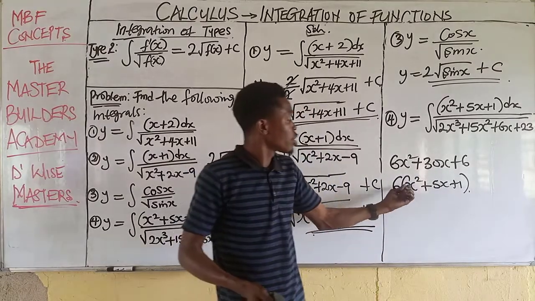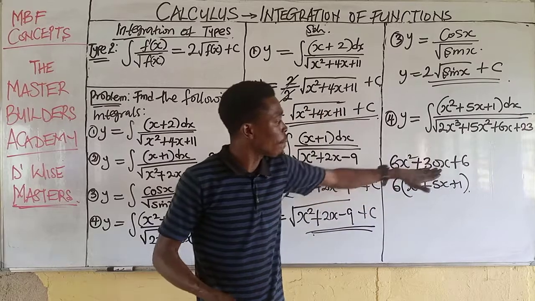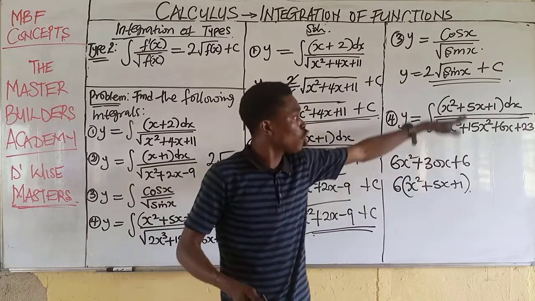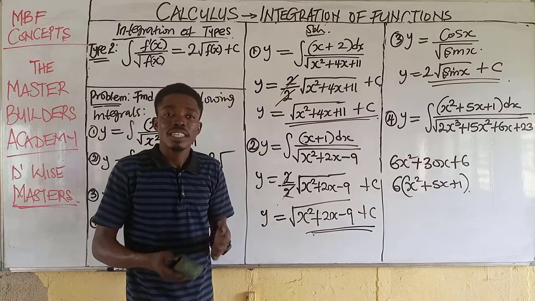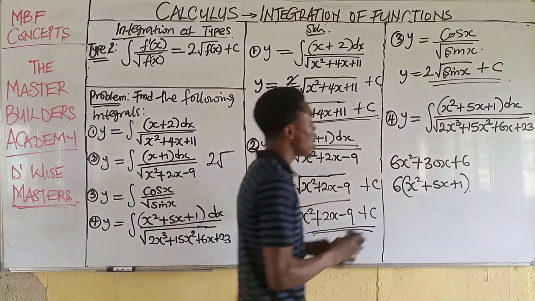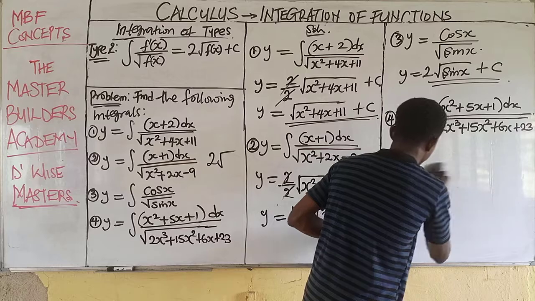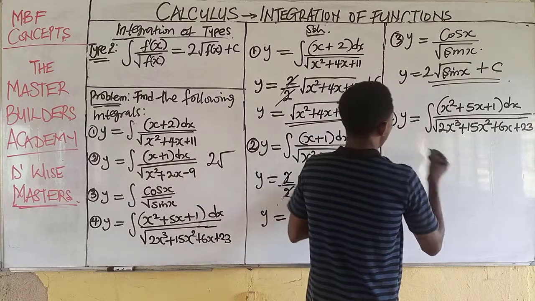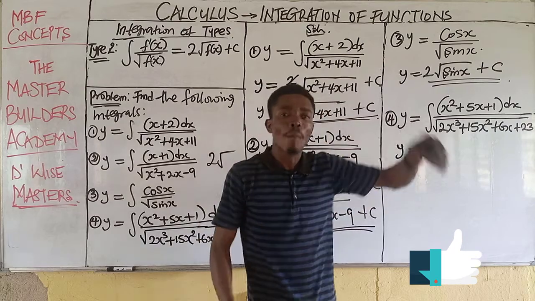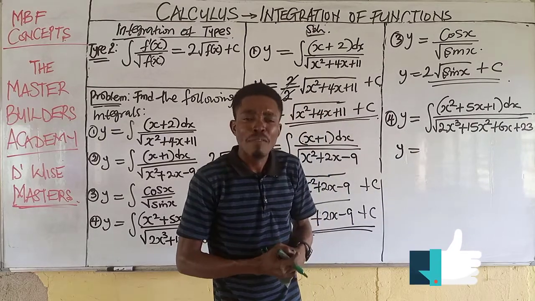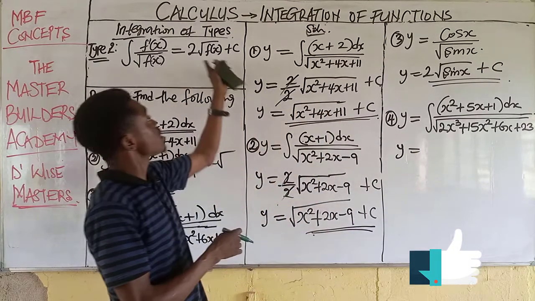Therefore, all we need to do, since the derivative of the denominator gives us what we have at the numerator, then type 2 is valid. And what do we do here? All we simply need to do here is to put down y is equal to, now remember that the numerator by default has a coefficient of 2, which is this 2.